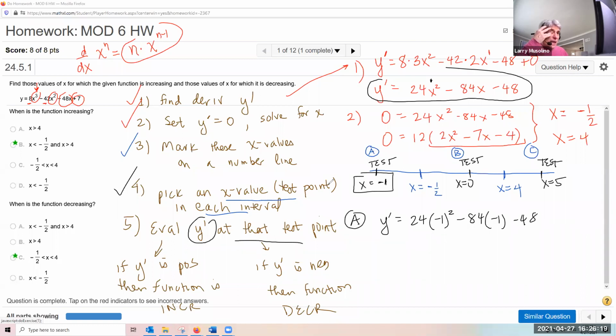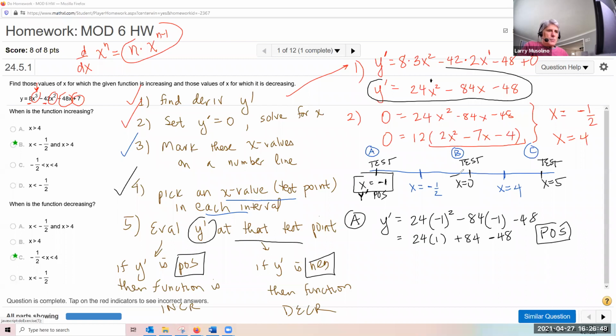I don't really care about the actual numeric answer here. All I want to know is, is the answer positive or negative? So let's just do this quickly. This would be 24 times 1 plus 84 minus 48. Without working this out, I could see this answer is positive. So y prime is positive here.